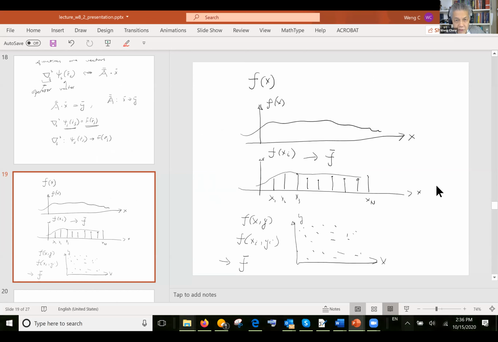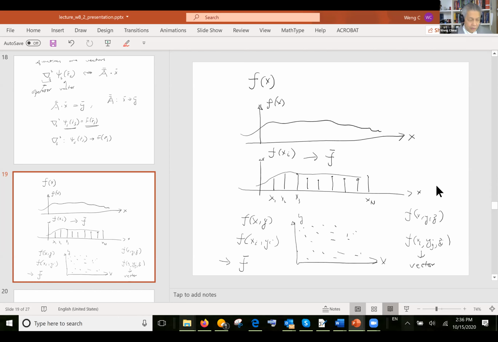So all functions can be thought of as a vector, and you can even think about a three-dimensional function. Ultimately, when you need to store it in a computer, you would discretize x, you discretize z, and this will become a vector in the computer storage.